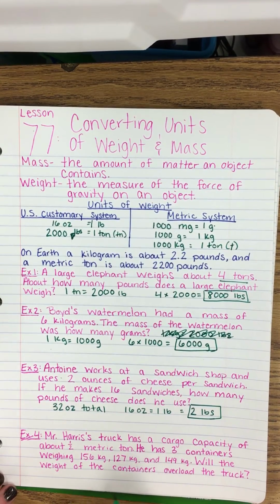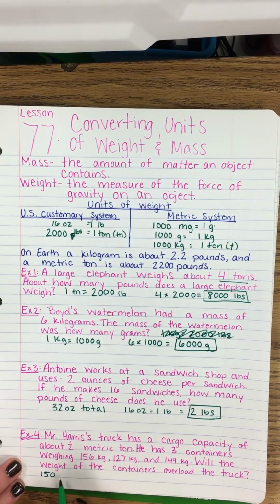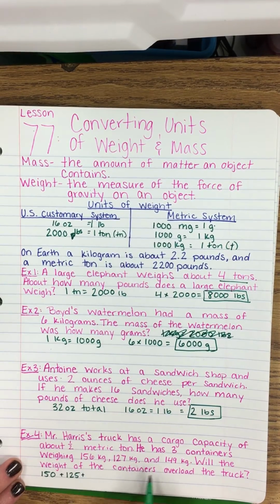He has 3 containers weighing 156 kilograms, so I'm going to estimate that to 150, and 127 kilograms, I'm going to estimate that to 125, and 149 kilograms, which I'm also estimating to 150. Will the weight of the containers overload the truck?